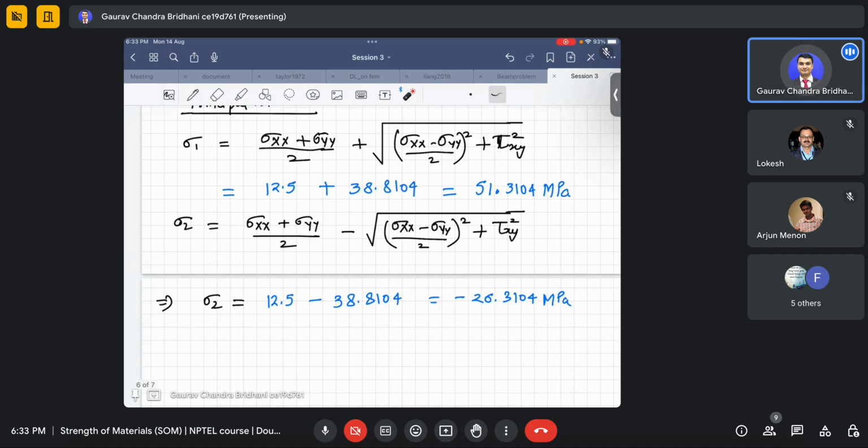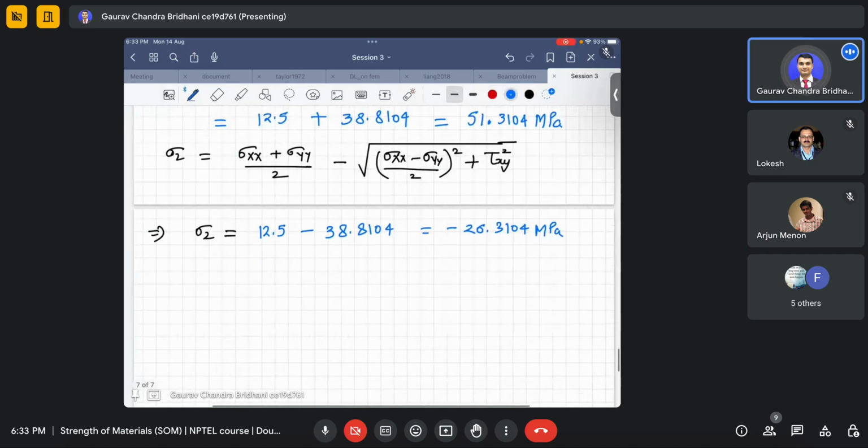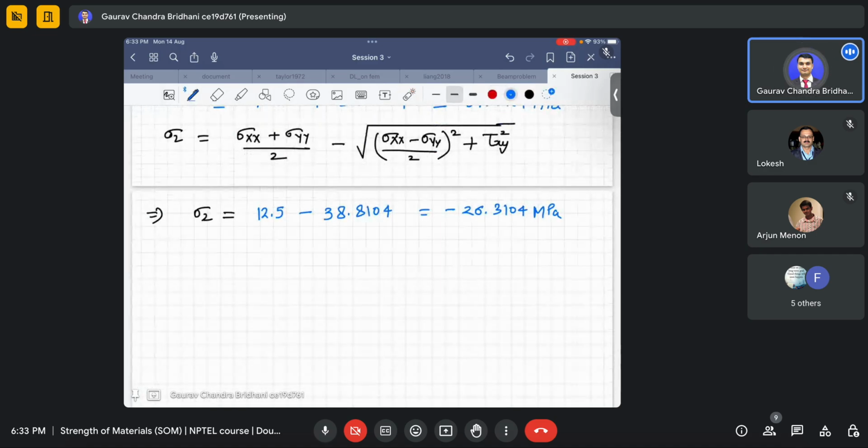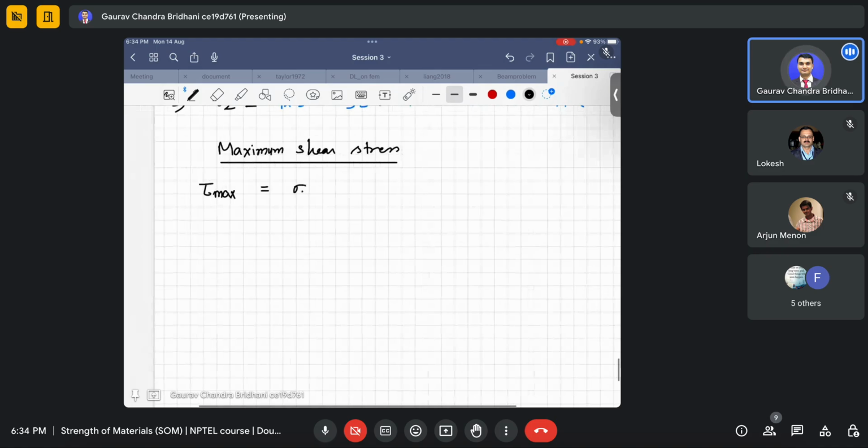Now we can even find the maximum shear stress here, because we got the principal values. So the maximum shear stress, called tau max, is equal to (sigma 1 minus sigma 2) divided by 2.